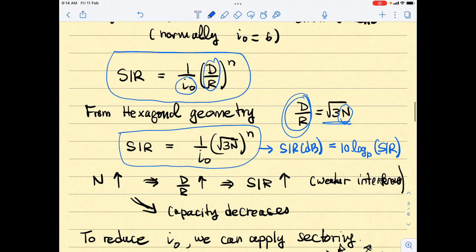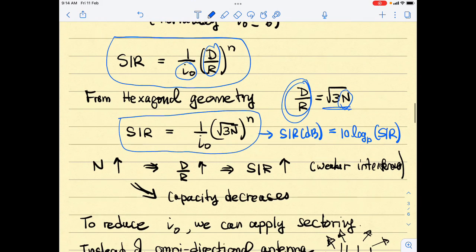Now if you look at this formula more carefully, you see that if we want to increase SIR, maybe we want to increase N, the frequency reuse factor. With that, D over R will get bigger, so the interference will get weaker, and as a result, SIR will be bigger.